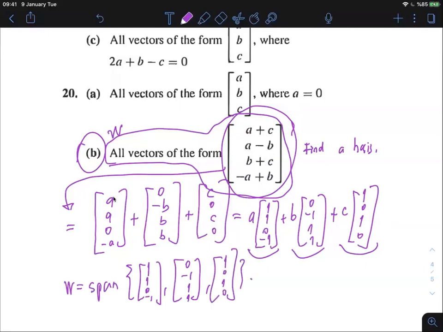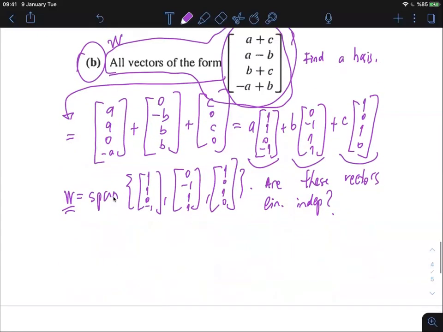Now the question is whether, so to be a basis, we need two things. So the given subspace must be spanned by these vectors. And the second thing is these vectors must be linearly independent. So the second question is, are these vectors linearly independent? Okay, how do we check it?